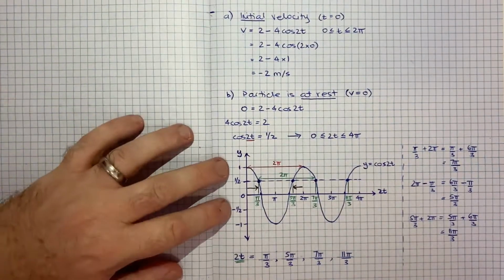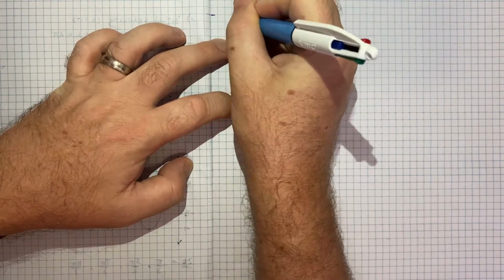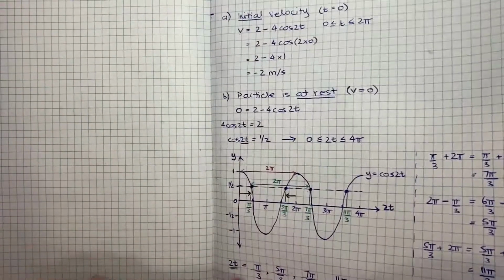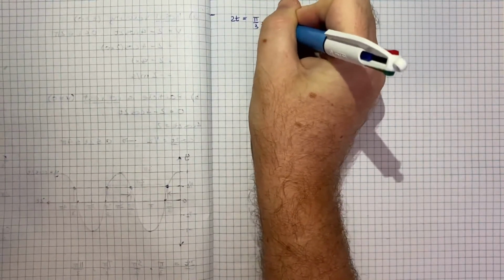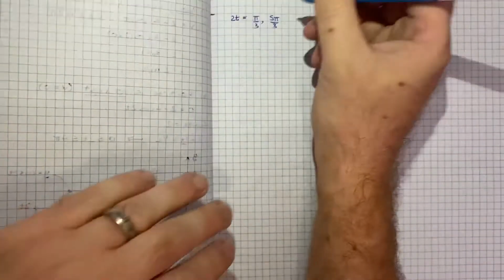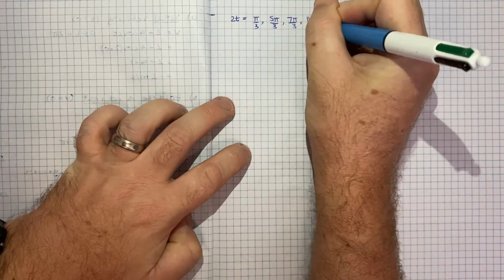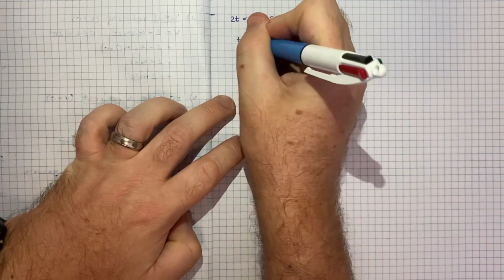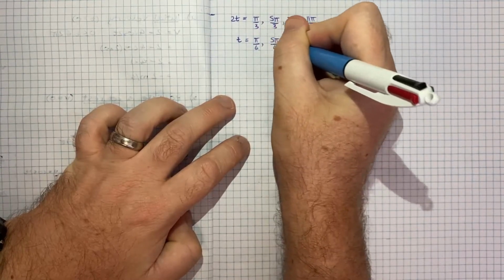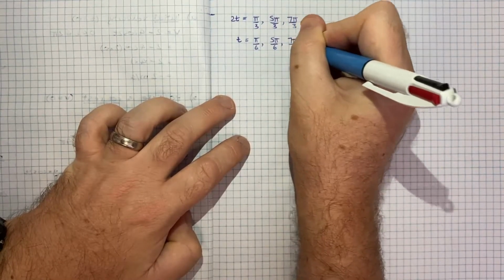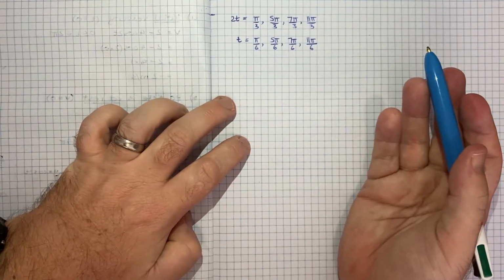Turning over, if we've got 2t is equal to pi on 3, 5 pi on 3, 7 pi on 3, 11 pi on 3, then all that means is that t by itself will be pi on 6, 5 pi on 6, 7 pi on 6, and 11 pi on 6. And that's the answer to part B.